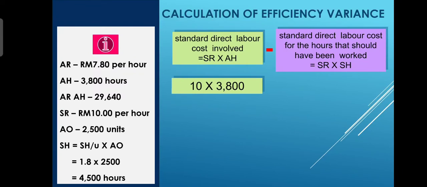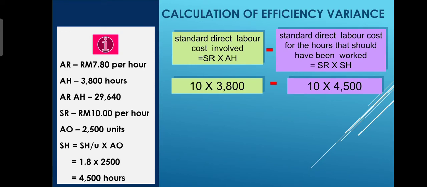RM10 per hour times 3,800 hours minus RM10 times 4,500 hours. How to get SH? 4,500 hours. It is SH per U times actual output. 1.8 times 2,500 equals to 4,500 hours.